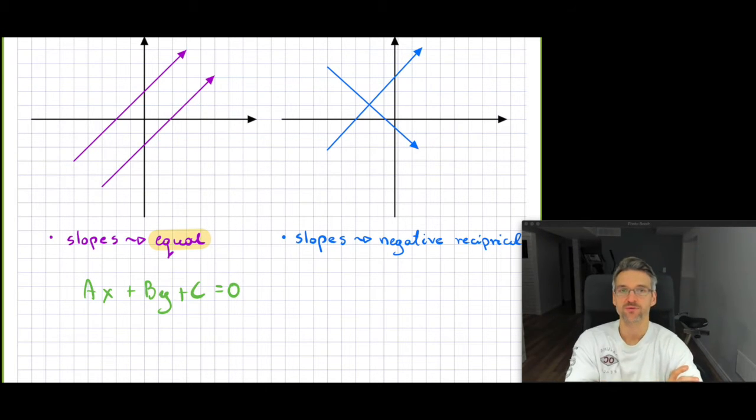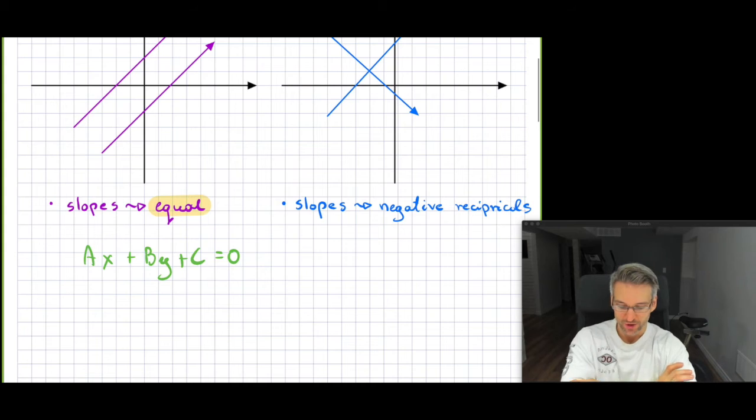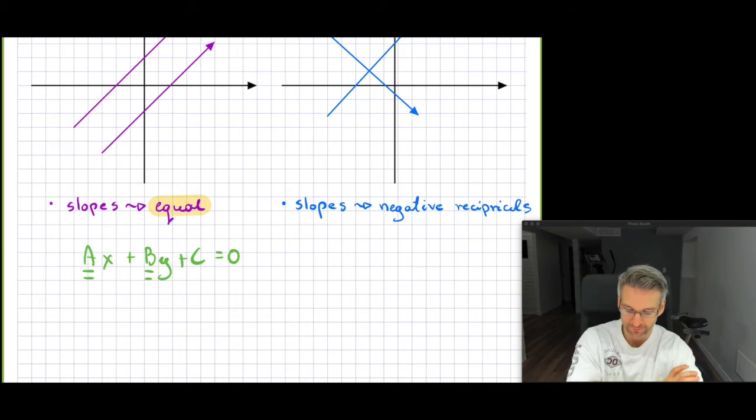If you want to review that, I'll put a link up above. In this case, you actually do have to check. So either isolate for y, so put it back into the y is equal to mx+b form, and then you can see if the slopes are identical, or you're going to have to see if the a and the b have some kind of coordination between them.